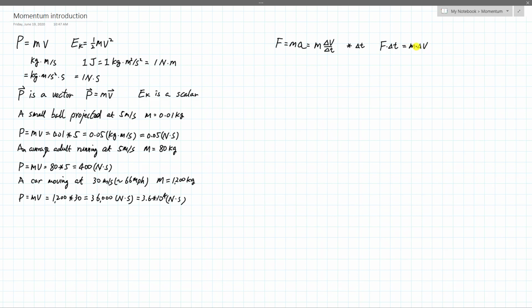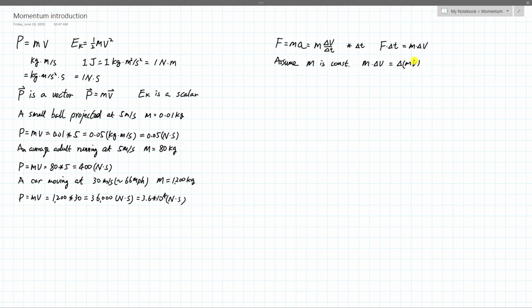Let's assume, excuse me, that m is a constant, just for simplicity. So m delta v, meaning mass times the change of velocity, is the same as delta mv. The change of velocity times a scalar is the same as the change of mass times velocity, because the mass does not change.